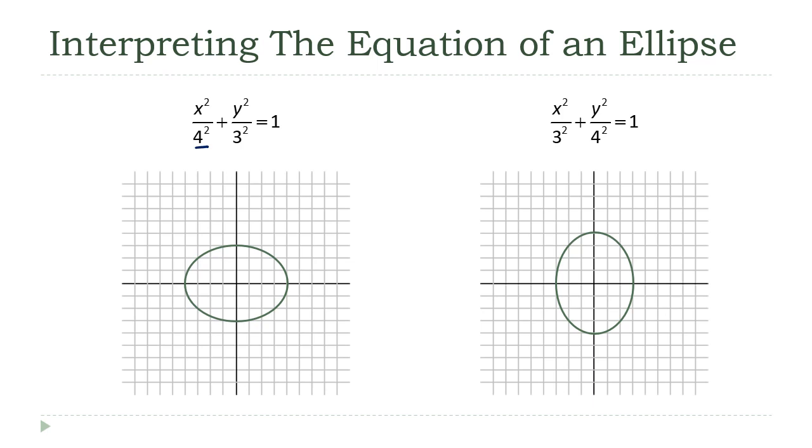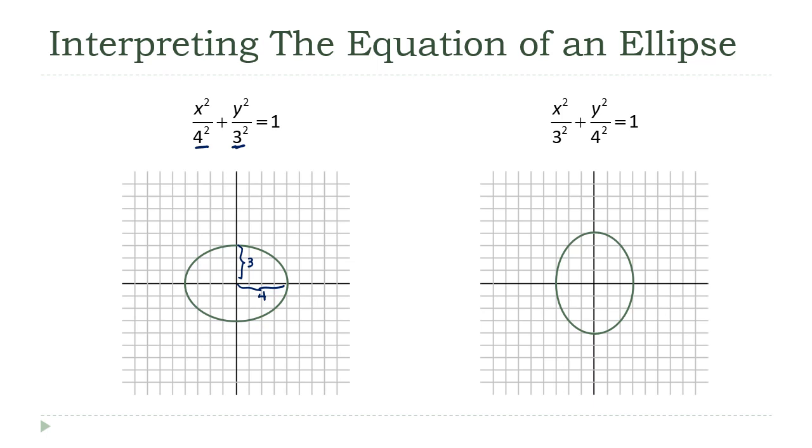So the length of the axis that's horizontal, parallel to the x-axis, is 4. That's this distance here. And the number under the y is 3. So the length of the semi-axis that's parallel to the y-axis is 3.